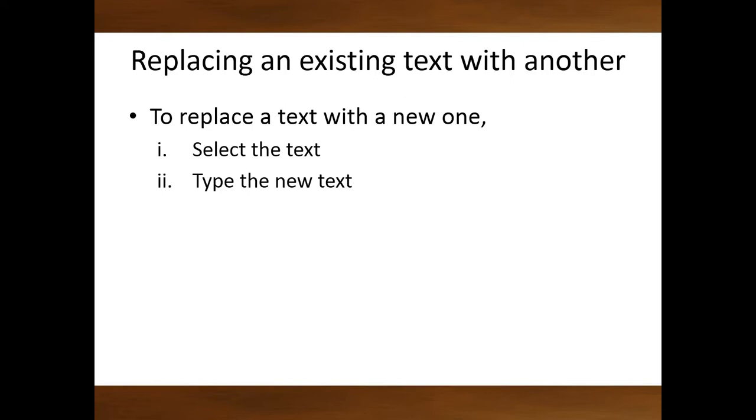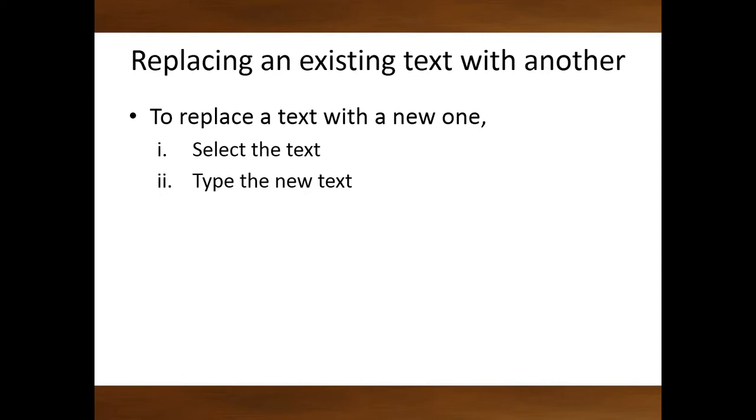The first editing we will be learning today, which is not by itself a tool, is how we replace one text with another text. Let's say we type one text and we want to change that text to a new text altogether.